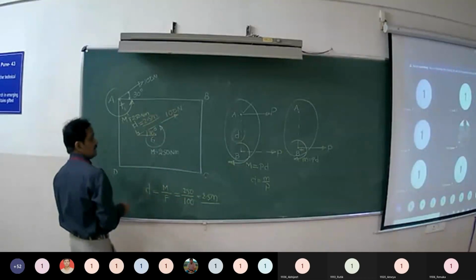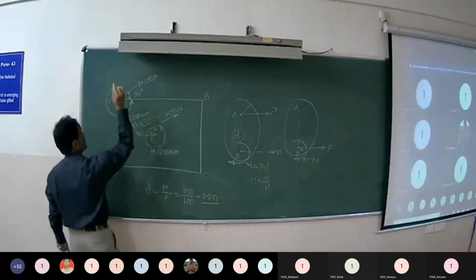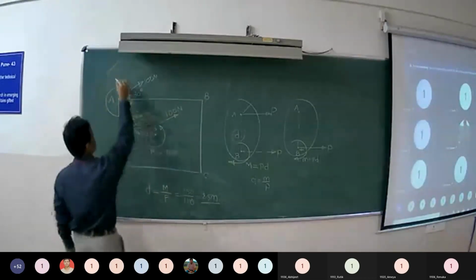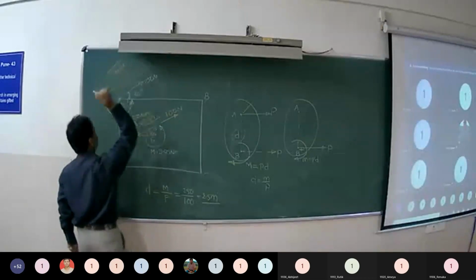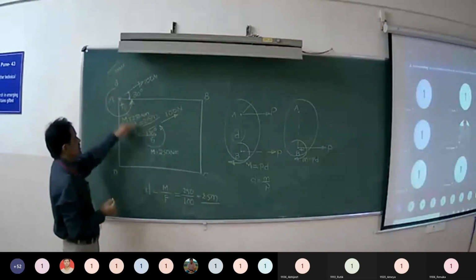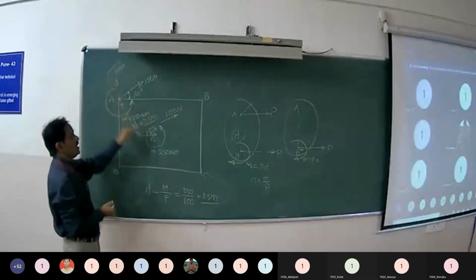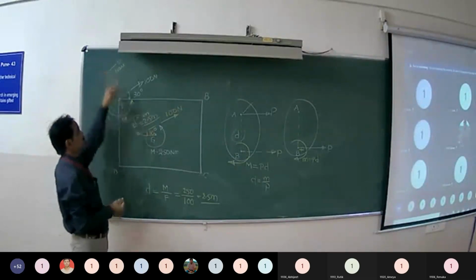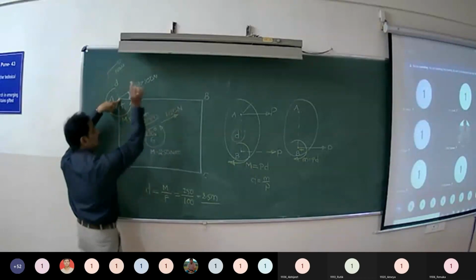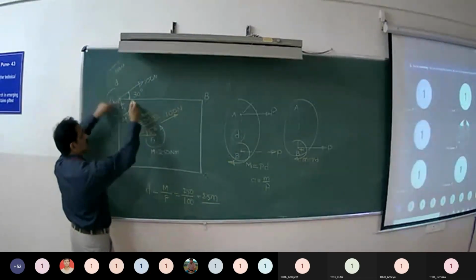In which direction it will be transferred? Why not upside? That means say this is 100 Newton through a distance d. It can be transferred parallelly, either the upper side or lower side. How do you decide? You can decide that from the sense of the couple. Here, what is the sense of the given couple? Anti-clockwise.